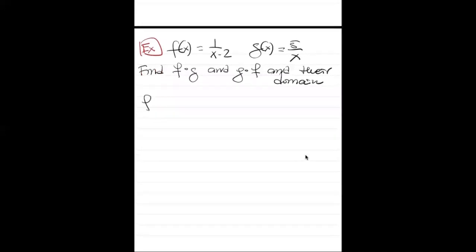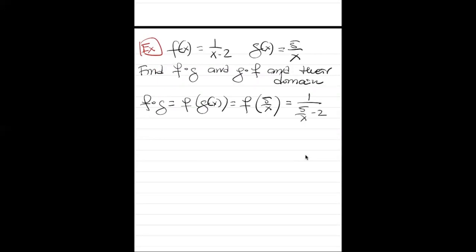So first, composition of f and g is f of g of x. So substitute the inside, which is g, 5 over x. And now substitute 5 over x for x in f. So it'll be 1 over 5 over x minus 2. Now we need to simplify this. I mean, we don't have to, but we could. We can leave it like this.